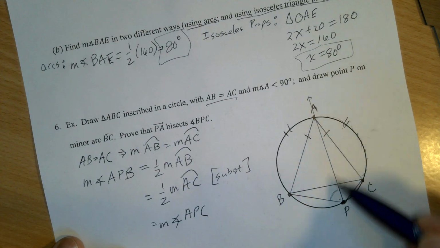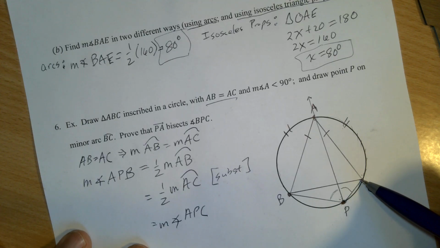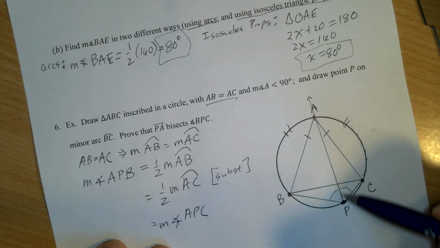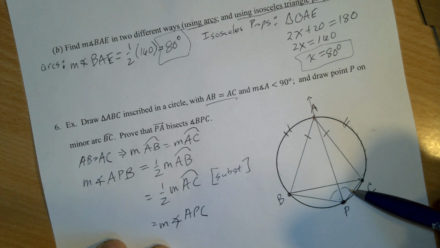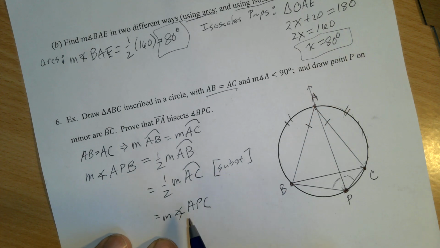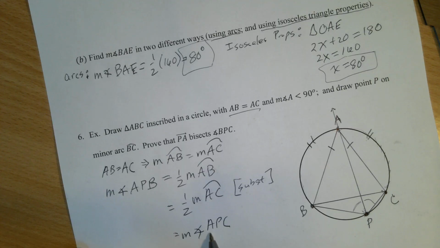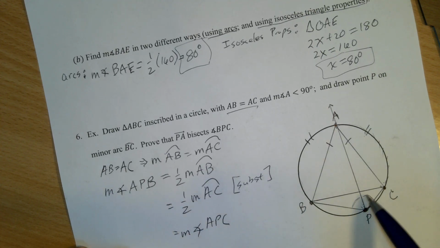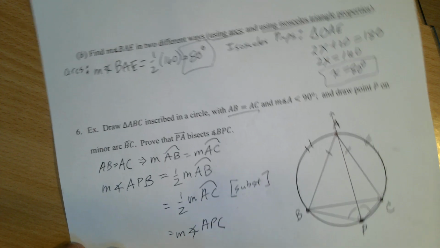The measure of angle APC is 1/2 the measure of arc AC by definition. APC is an inscribed angle. This angle is going to be 1/2 of the measure of its intercepted arc. And we're actually done. We proved that the measures of these two angles are congruent, this one and this one.